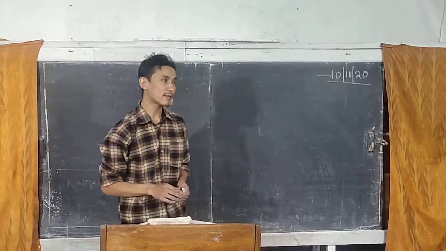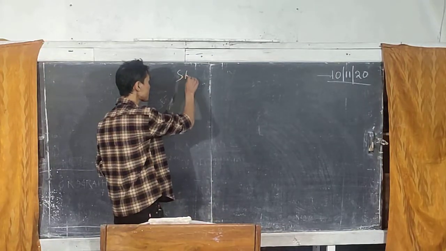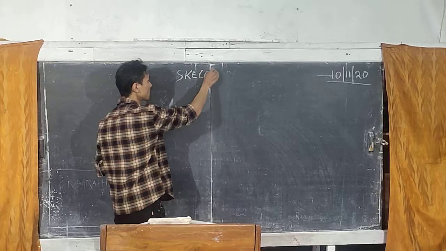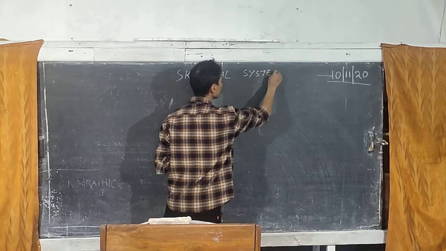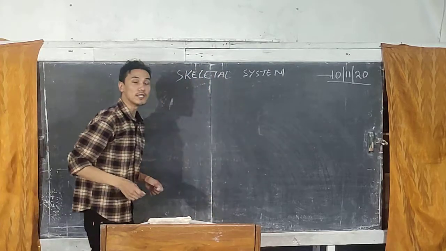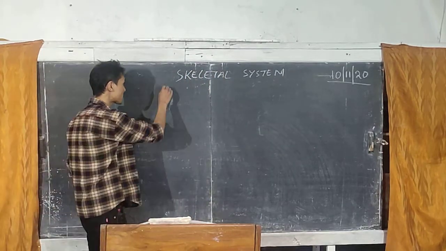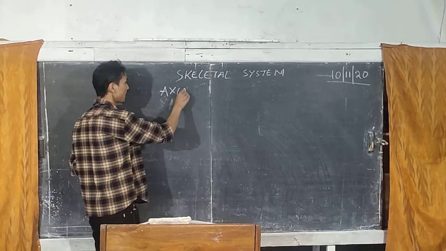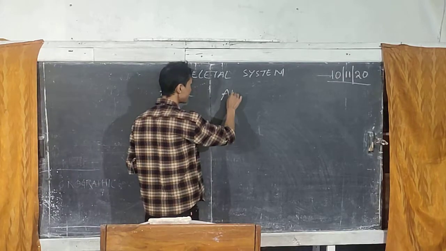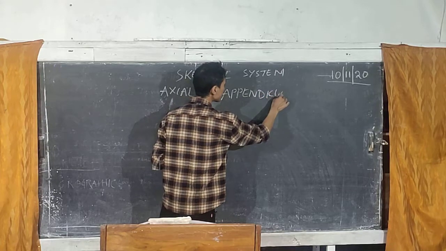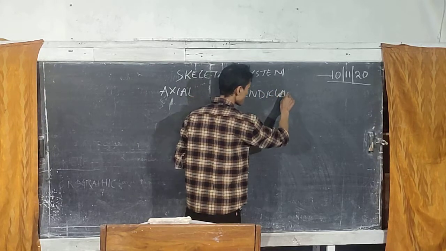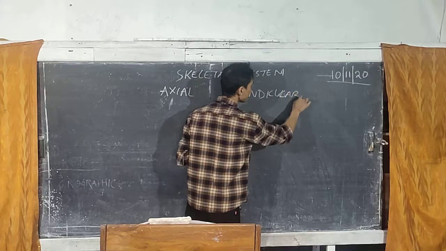So continuing with the skeletal system, I've already mentioned that the skeletal system consists of two parts, axial skeleton and appendicular skeleton.